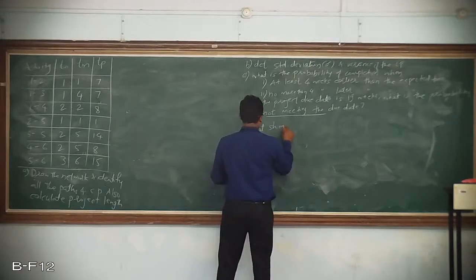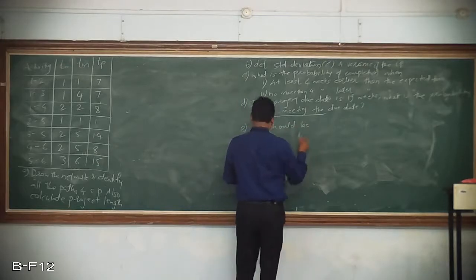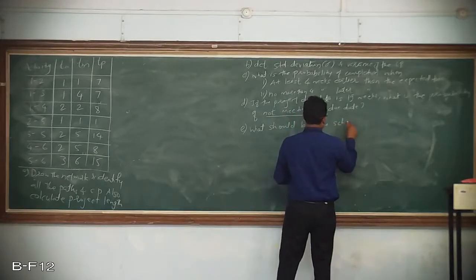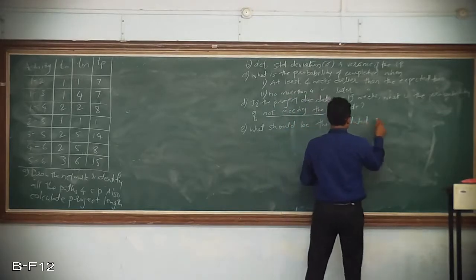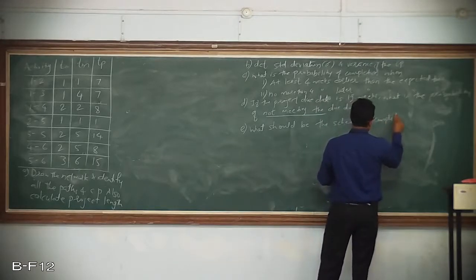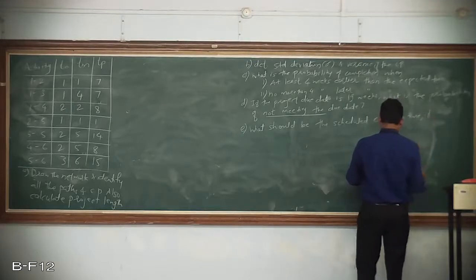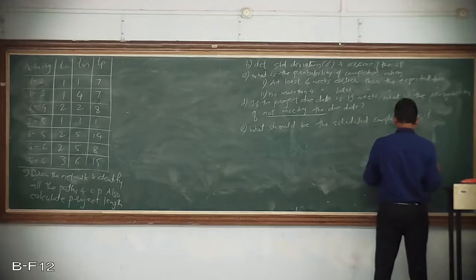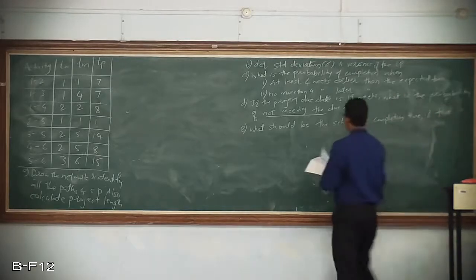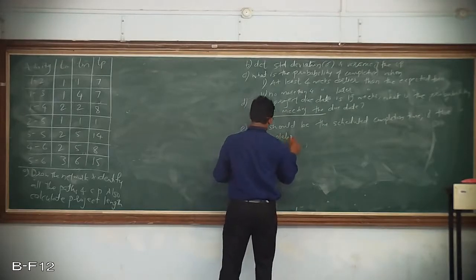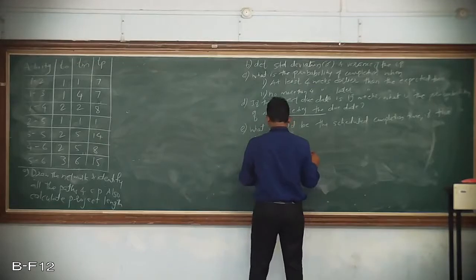What should be the scheduled completion time if the probability of completion is 90%?